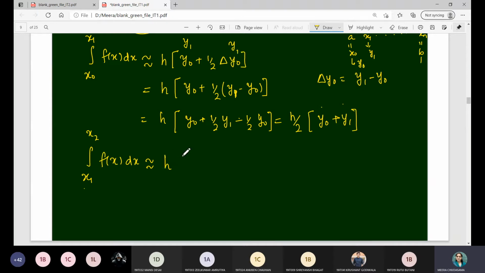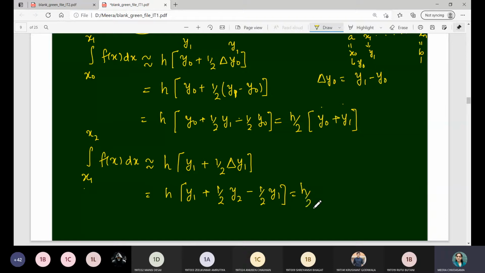So in this case it is h times y1 plus 1 by 2 delta y1, and delta y1 will be y2 minus y1. So the simplified version will be given as y1 plus y2.